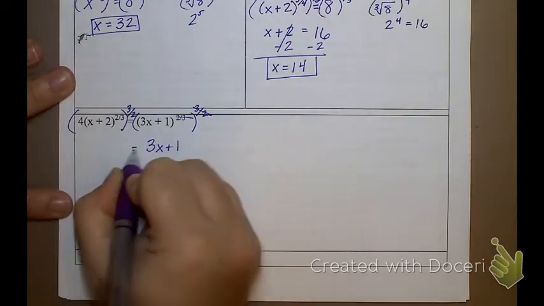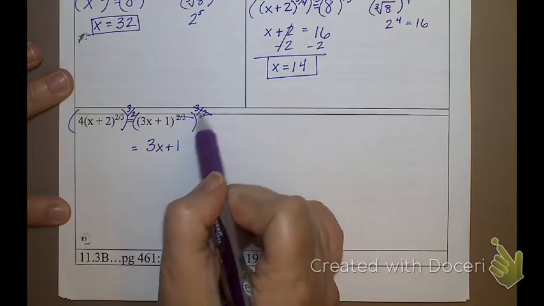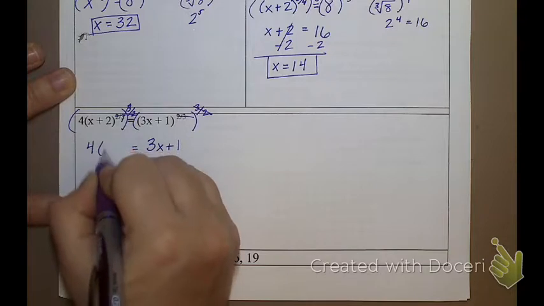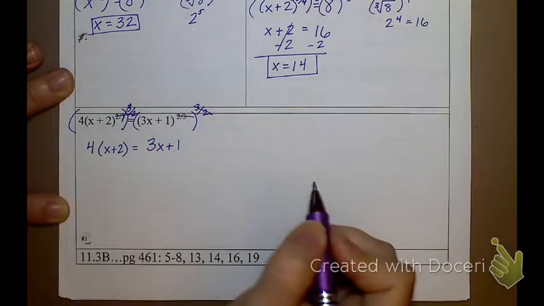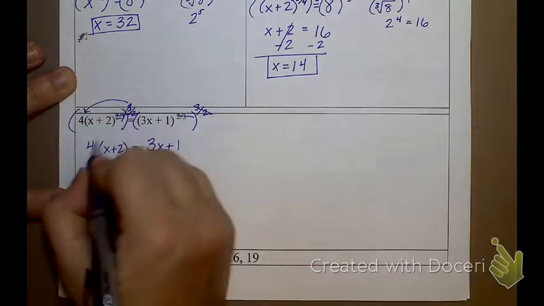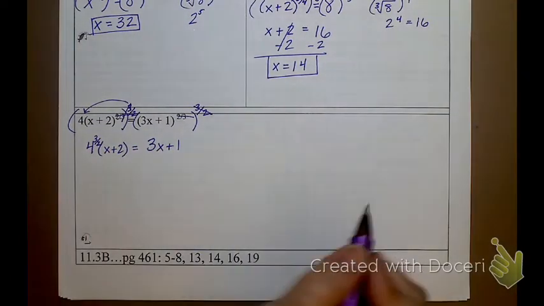Now, a big error that people make is, do you see how I just canceled these out with my pen? They'll go like this and say, oh, this is 4x plus 2. Yes, this cancels there, but I also have to raise the 4 to the 3/2 power also. So I cannot forget that step.